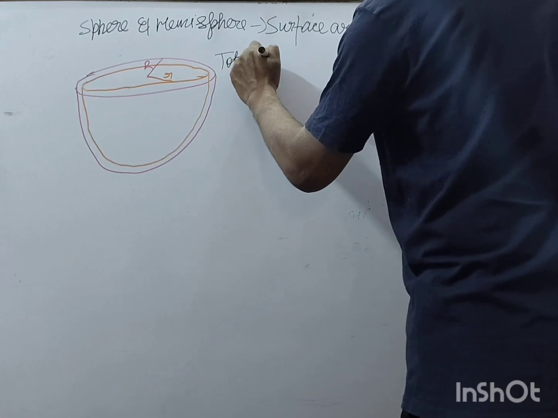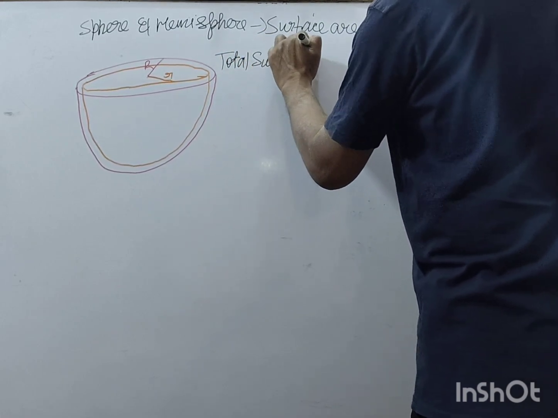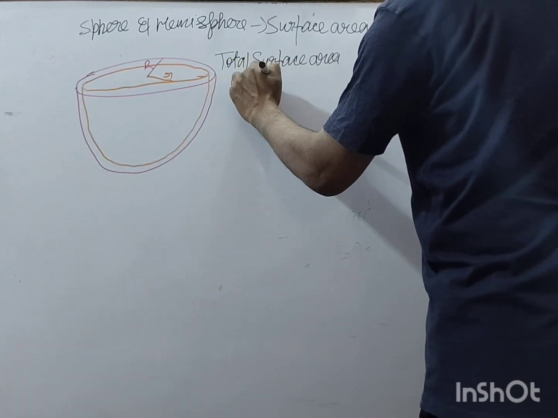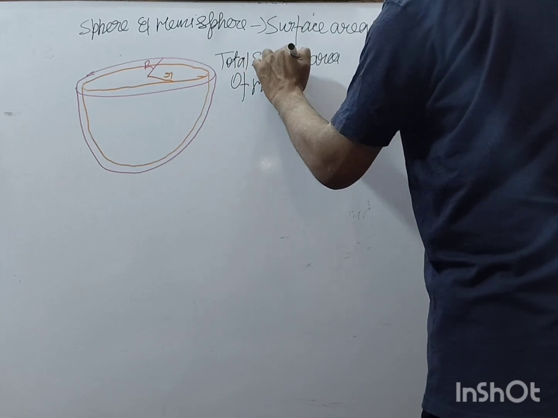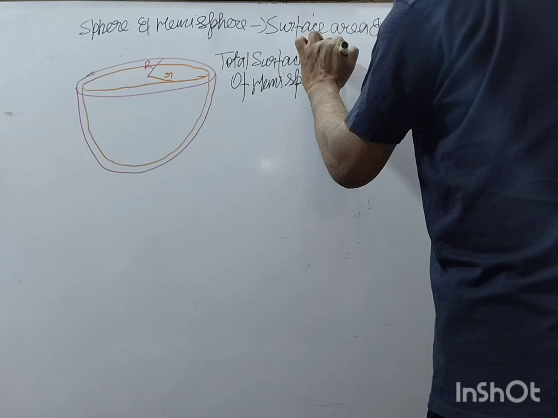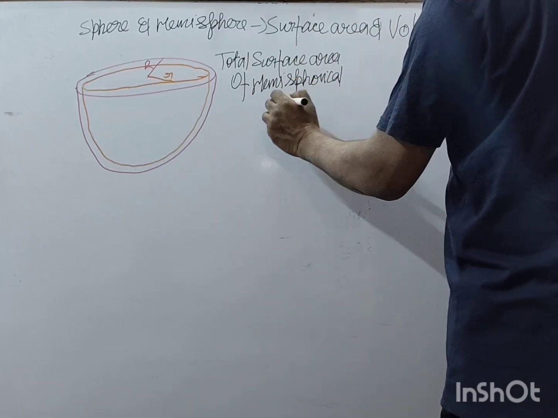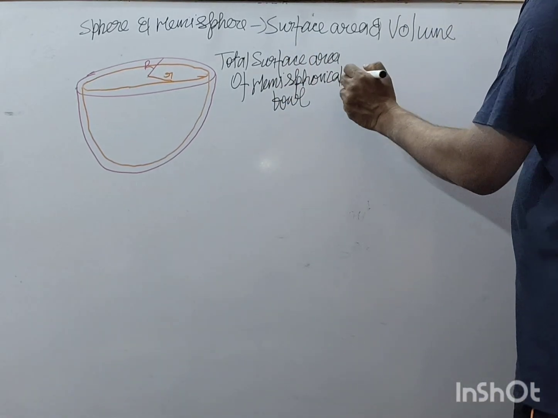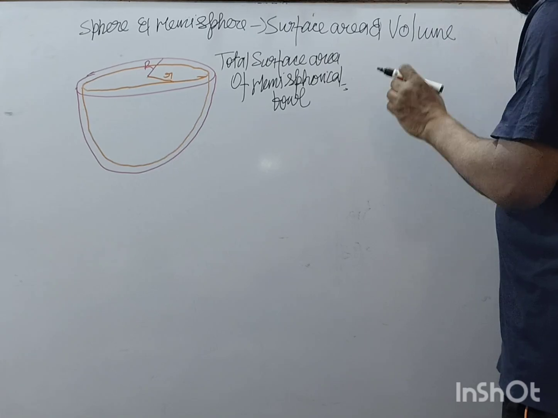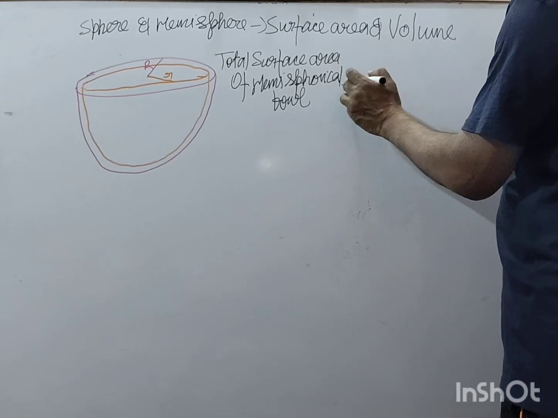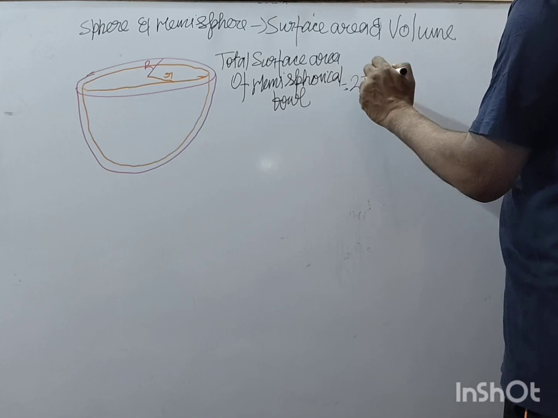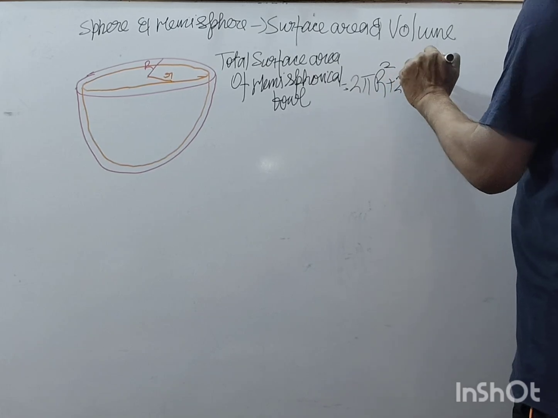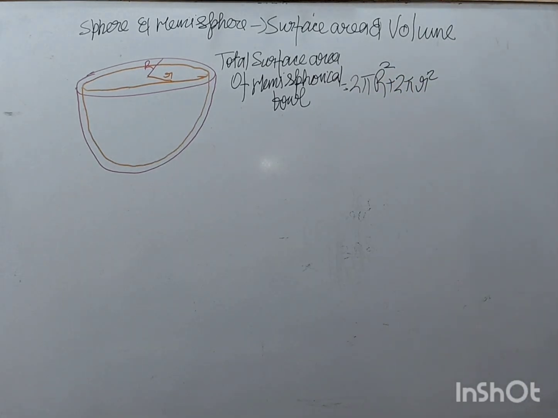total surface area of hemispherical bowl is equal to what? 2 pi capital R square plus 2 pi small r square, right?